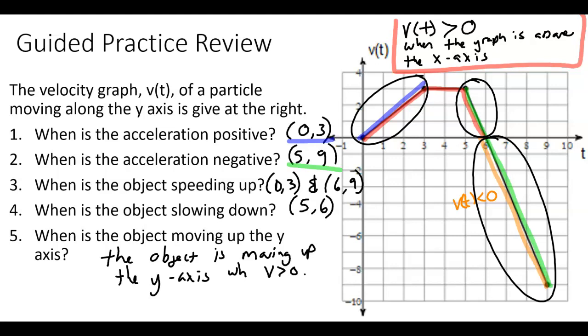A positive velocity means you're going up. A negative velocity means you're going down. Now, if you're on a horizontal axis, then positive means you're going to the right and negative means you're going left. But remember, we are moving on the y-axis here. So the object is moving up anytime the velocity is greater than 0, which is this region up here, which we've already highlighted in red. It goes from 0 to 6.